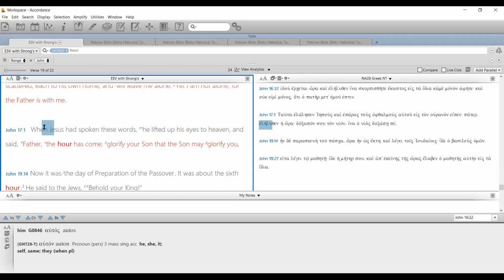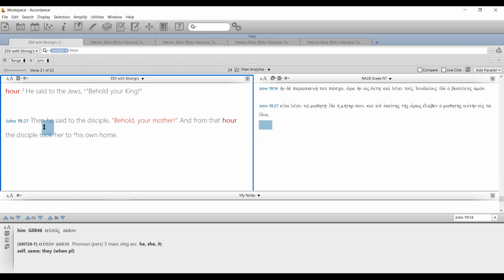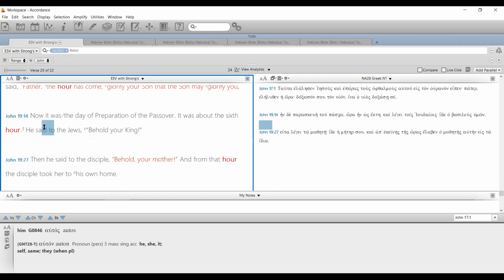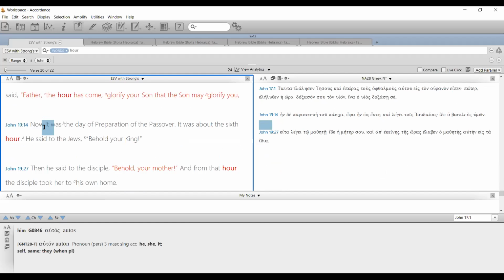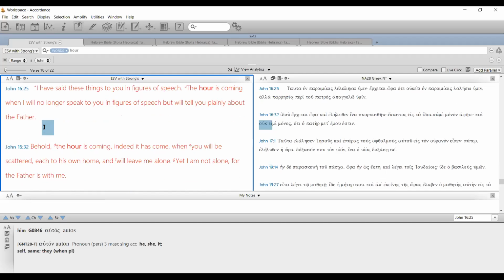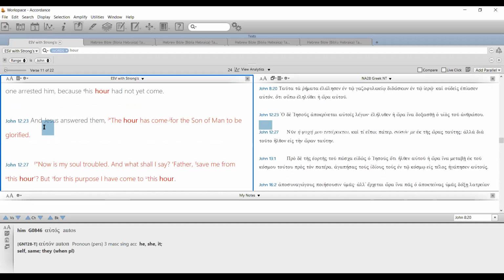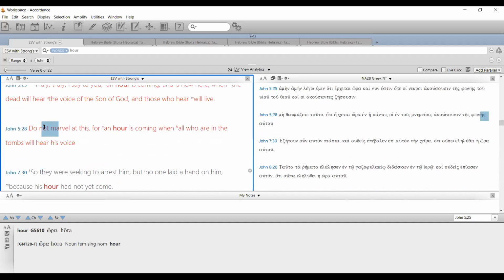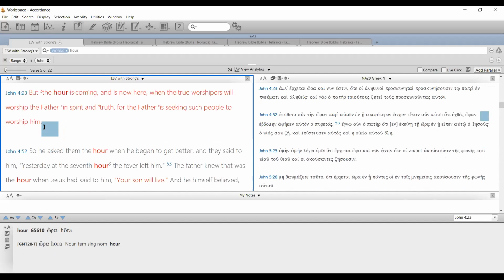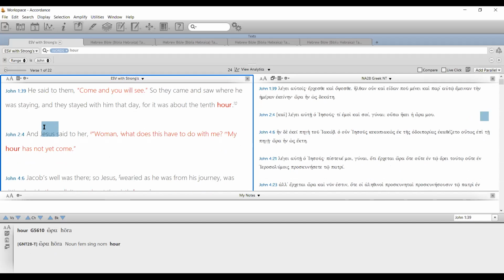Not anywhere else. But of course, this word occurs much more often than in the Gospel of John. But because you limited it, it gave you the results only from this book.